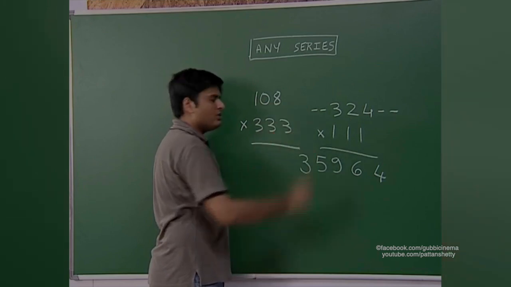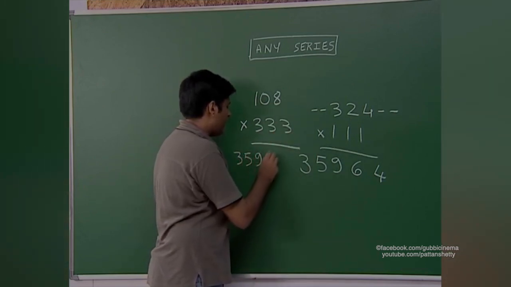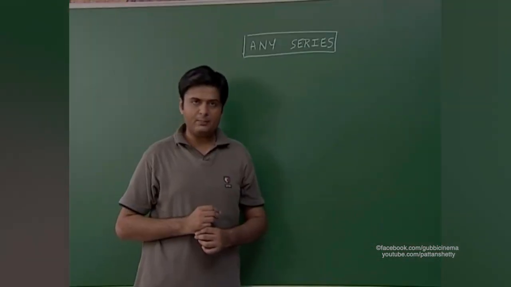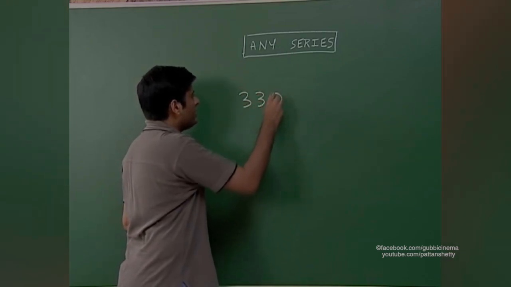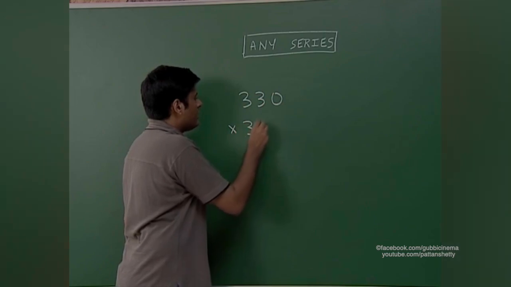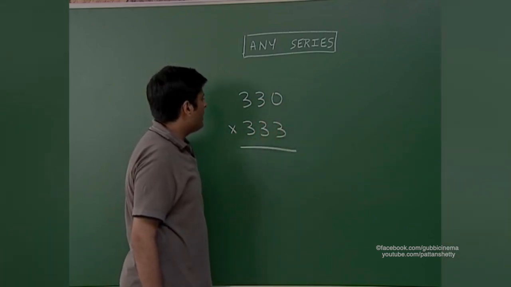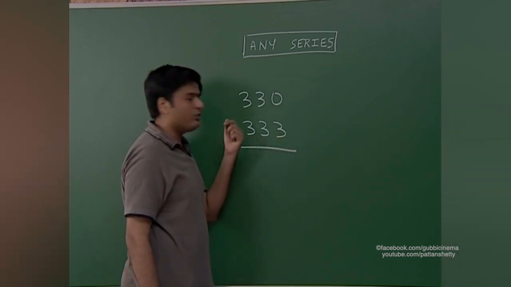108 times 333 would be 35,964. Suppose I have to multiply, say, 330 by 333. Now, I can convert this to a series of 1 also and series of 9 also.